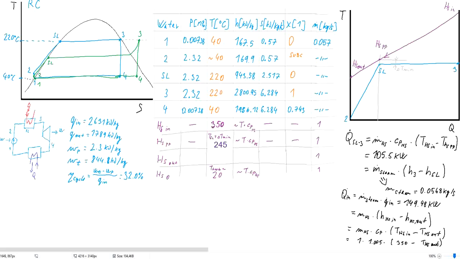So now, if we have the value of the heat transfer, 150 or 149.5 kilowatts, and we have this bottom equation, the only unknown is the temperature of the heat source exiting from the system.